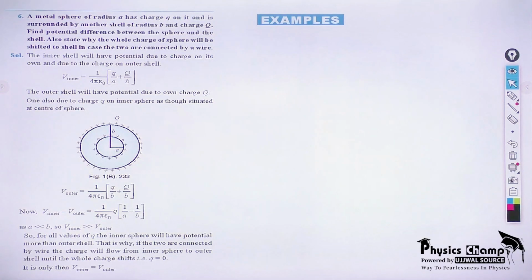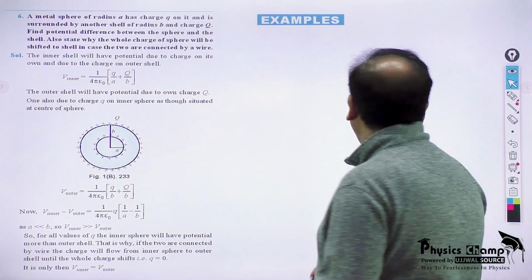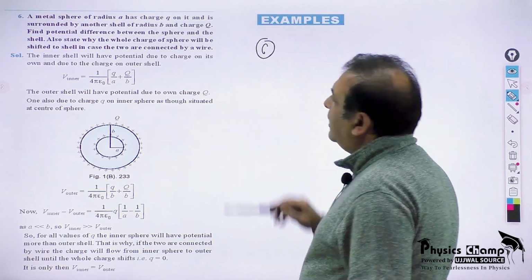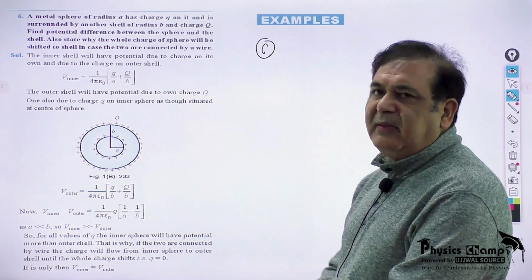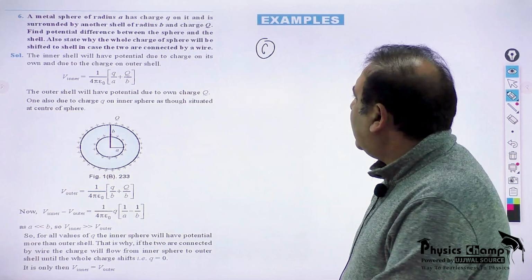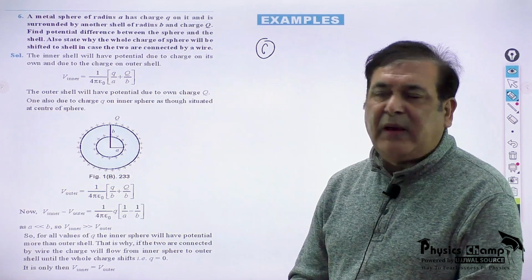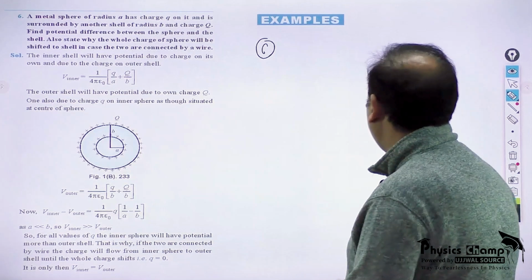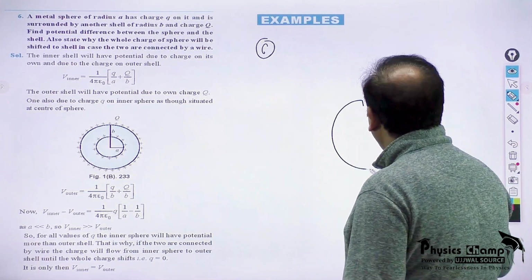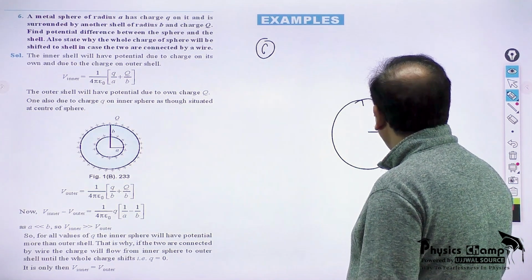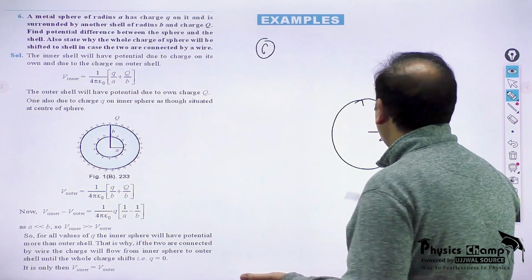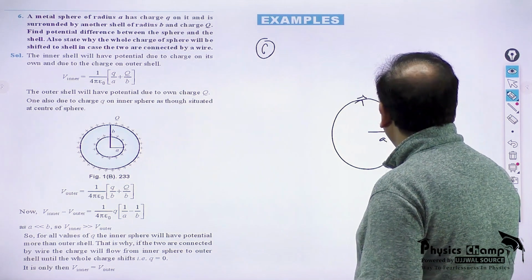So these two concepts we are going to take in the next 5 questions. We start with question number 6, a very interesting question, which says there is a metal sphere of radius A and it has a charge q on it and is surrounded by another shell of radius B and charge capital Q. So inside there is a metal sphere of radius A. It may be a metal sphere, but charge will remain at the surface only.